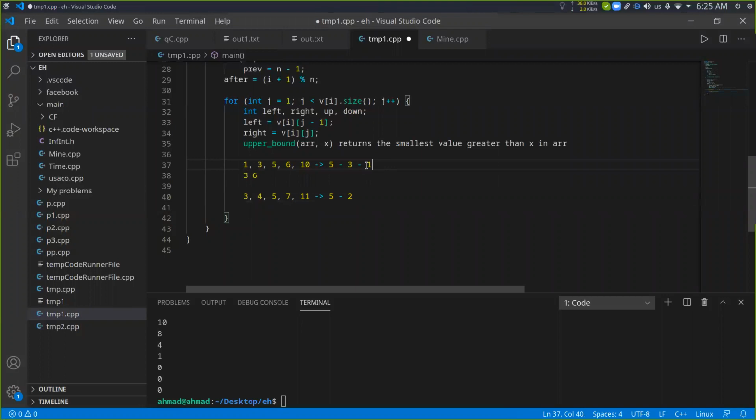Okay, so actually I will subtract 1. So the index of 11 in the after array should be 4. So it will be 4 minus 2, which is exactly 2.